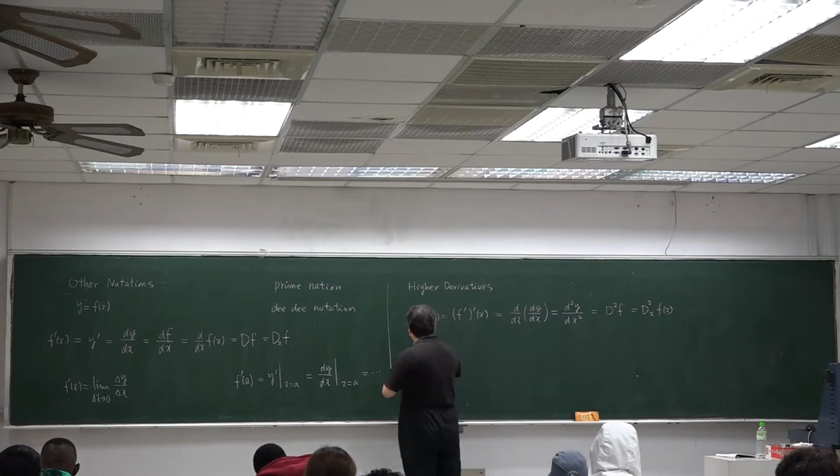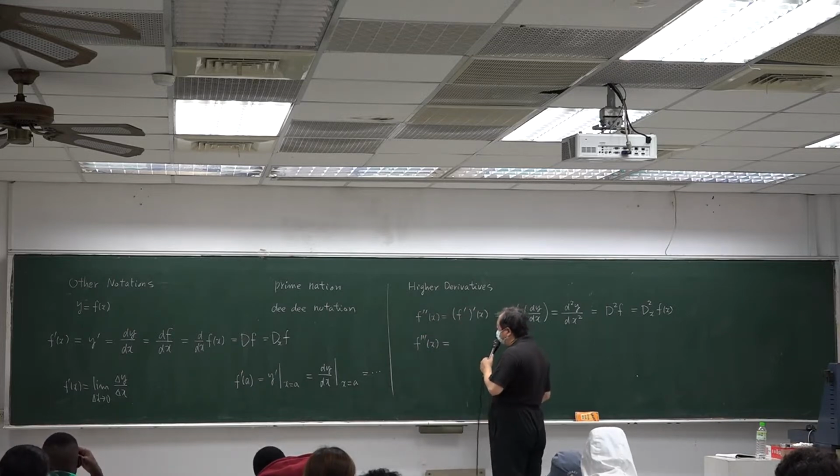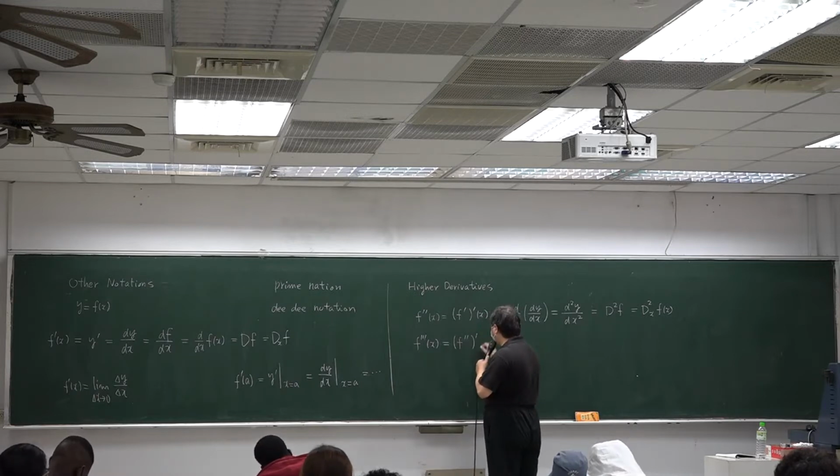triple prime means the third order derivative of the function f, which is the derivative of the second derivative.